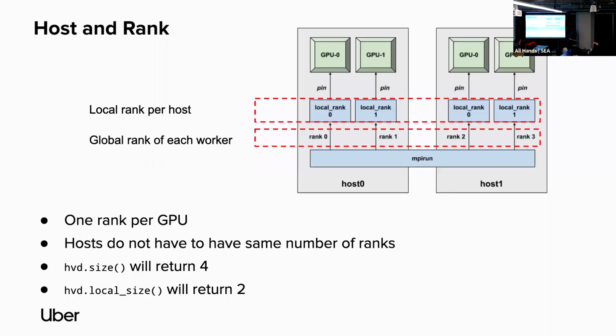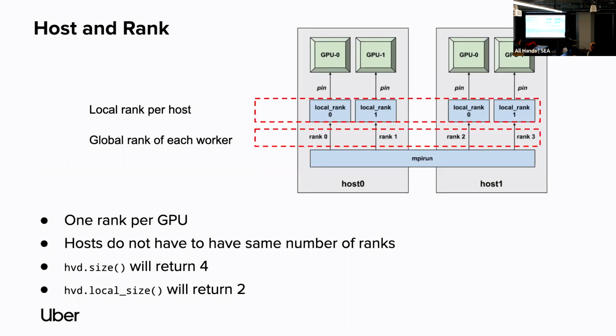So now I want to show a little bit how we use Horovod. I'm going to show some code to break the magic, right? It's not complicated. To start talking about Horovod, I first want to introduce this concept of hosts and ranks.